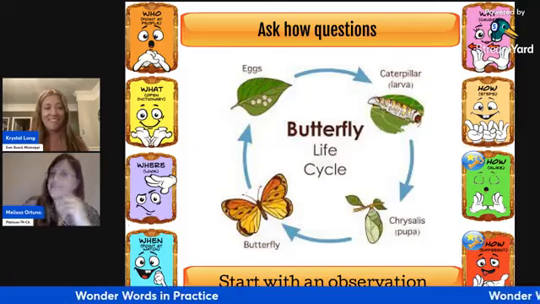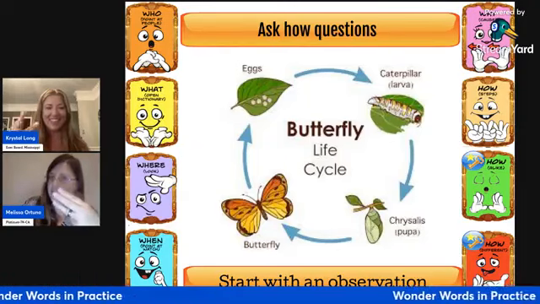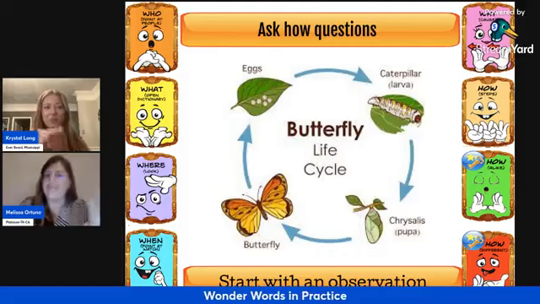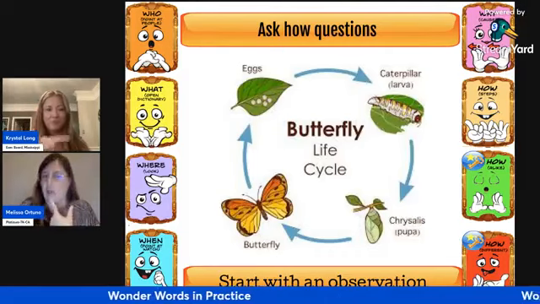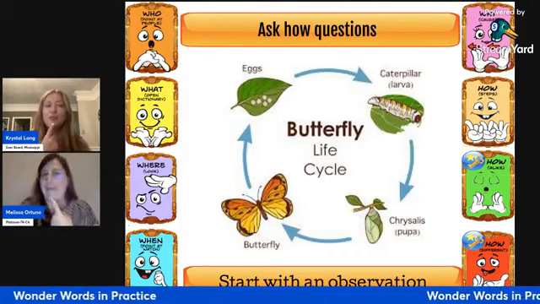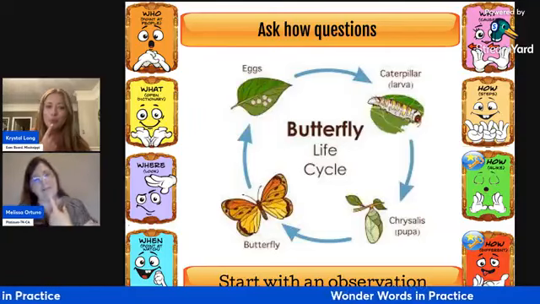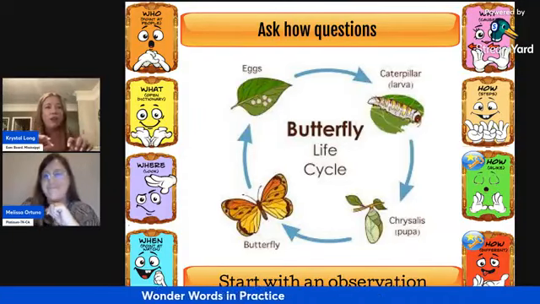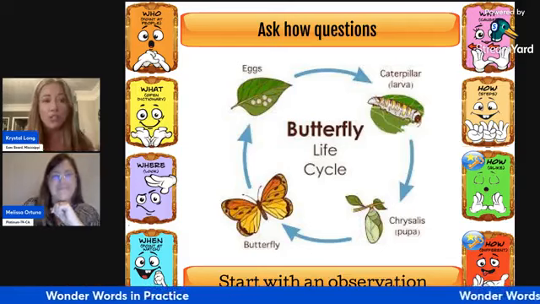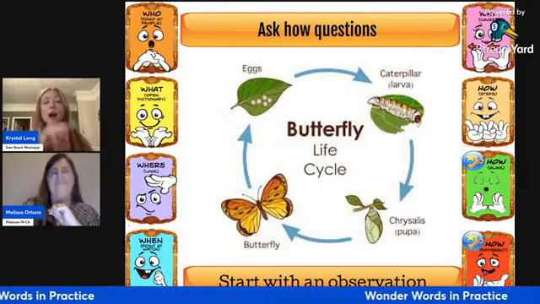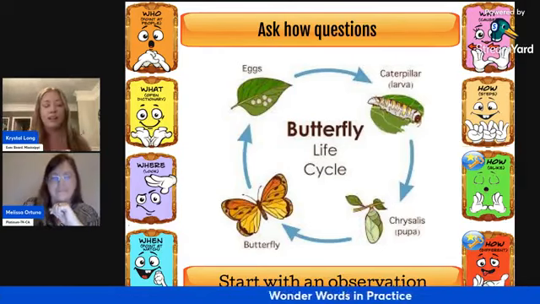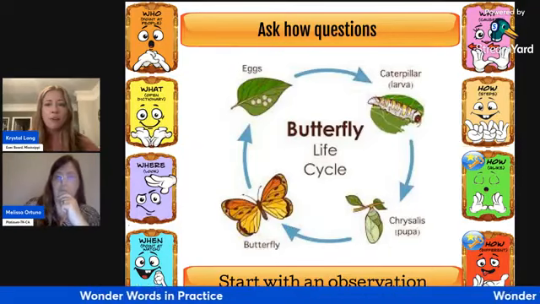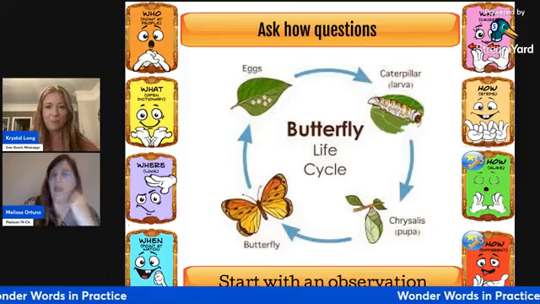I'm going to say this probably goes with steps, because these things are not alike, but it looks like some steps of something, maybe a life cycle. Depending on how old I am, maybe I know it's a life cycle and maybe I don't. So ask in the chat, those of you who are out there, what are some how questions that you could ask about the butterfly life cycle? And Melissa, do you have any questions about the butterfly life cycle?